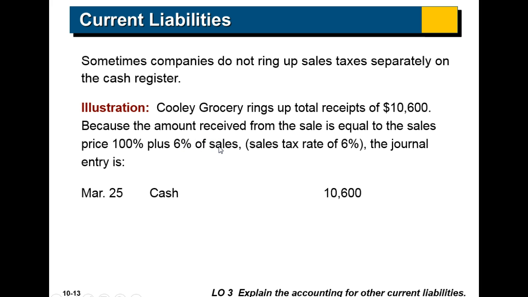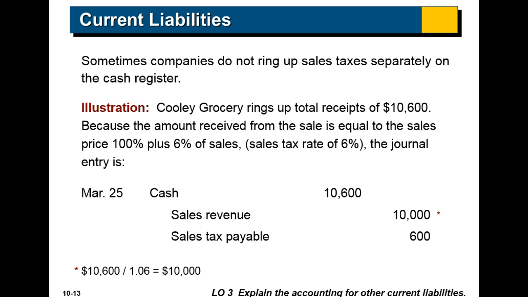So in this case, they're going to show cash of $10,600, sales revenue of $10,000, and sales tax payable of $600. To figure out the portion that was the sales, you take the amount you received in cash and divide it by 1.06, because you collected 106% of the sale, okay?